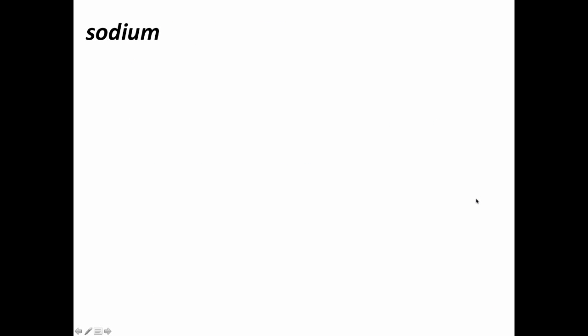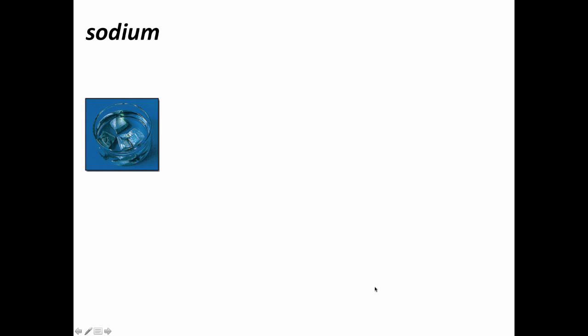Now let's look at a representative example of something that happens in this way. The element sodium, which here is represented three different ways: the word sodium, a picture of sodium metal, and a simplistic representation of a sodium atom.